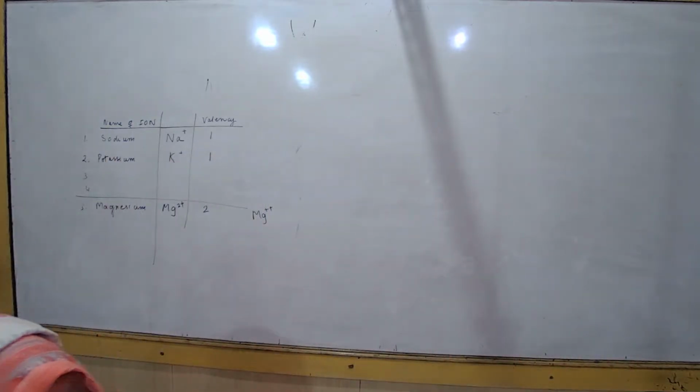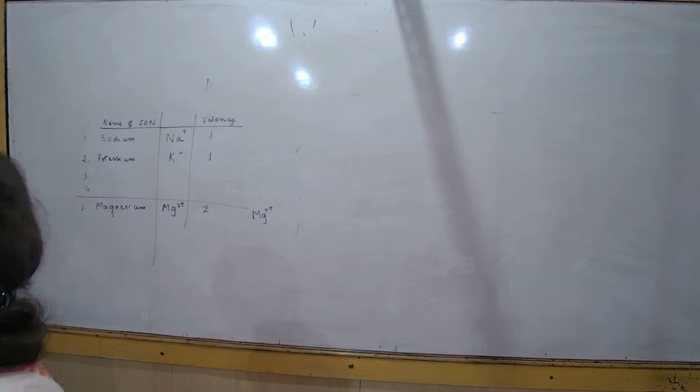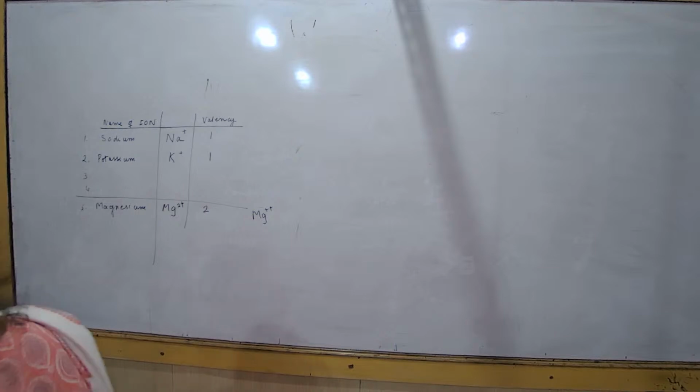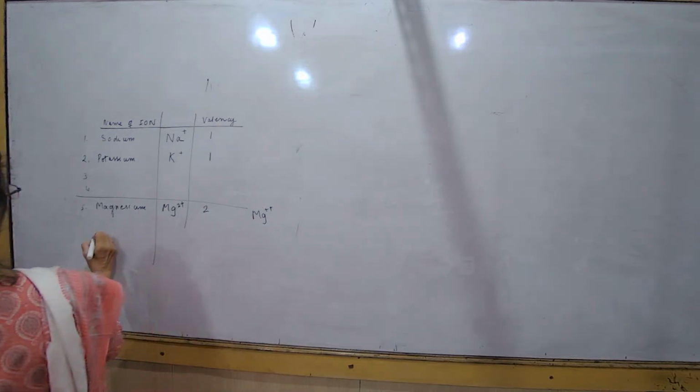Now you write on the next. Calcium, zinc, iron and copper. Now for iron and copper I have to tell you something else also. Magnesium. See, somewhere you have iron.